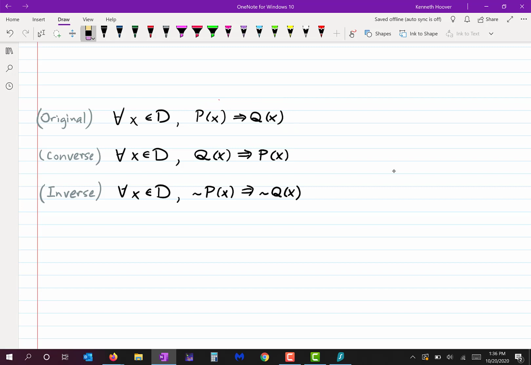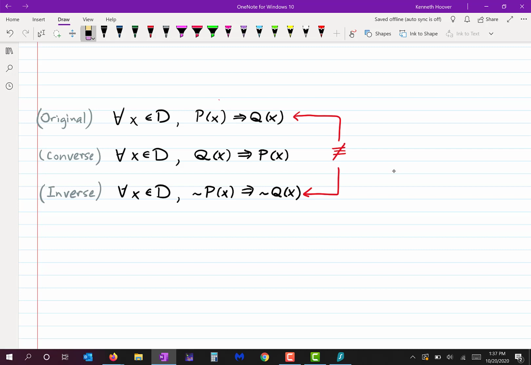Inverse is when you keep the same order of implication, but you negate both parts. That's called inverse. And also very important is for you to understand that the inverse of a statement is not equivalent to the original statement. In fact, that's why we've seen before these things called converse error and inverse error.